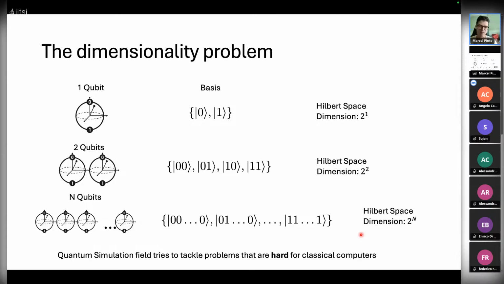Those also have some value to simulate those kinds of systems, but they rely on approximations. We want to do this with as little approximation as possible. So the quantum simulation field tries to tackle these kinds of hard problems.